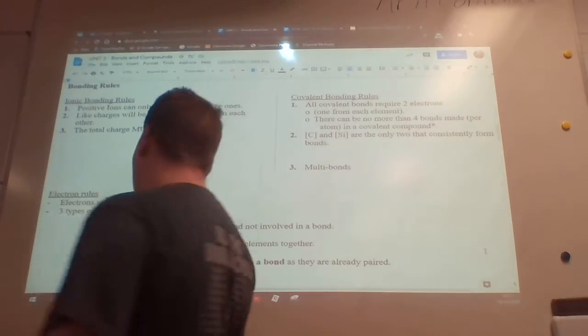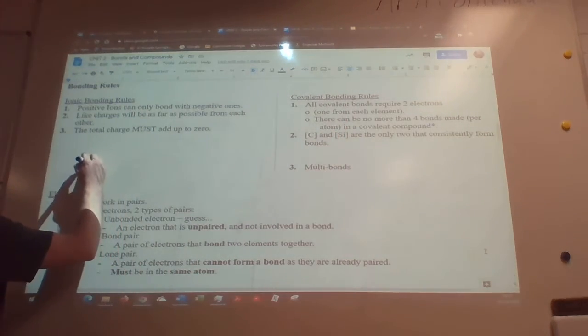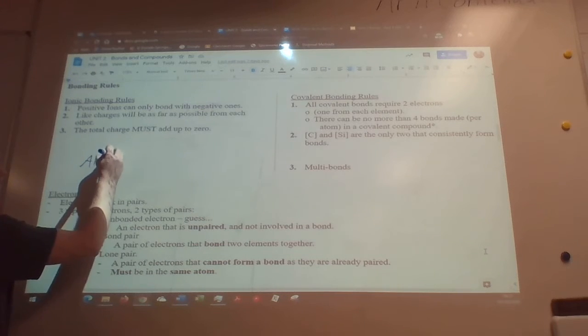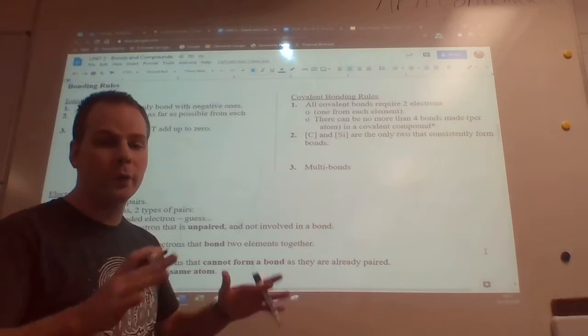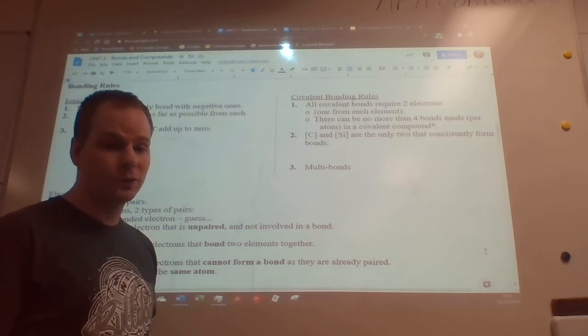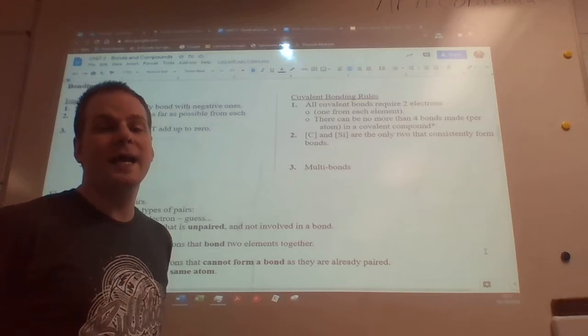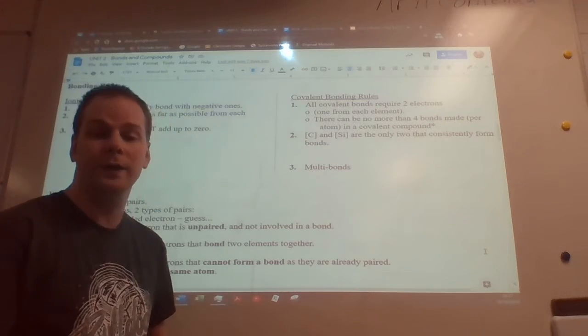So, for example, aluminum, which has a positive 3 charge, cannot form a bond with another metal because all metals form positive ions. Instead, it has to bond with negative ions.